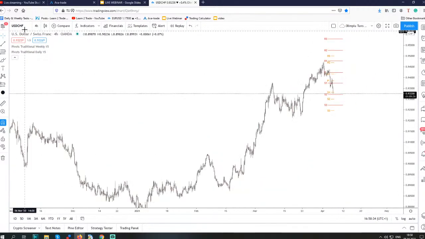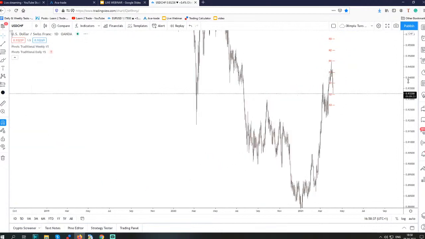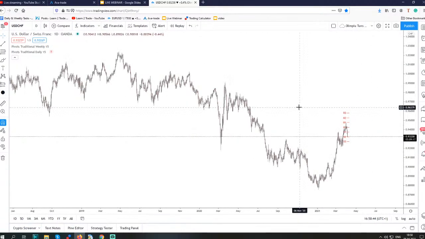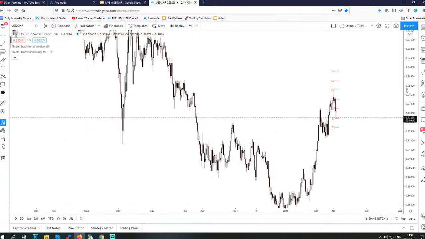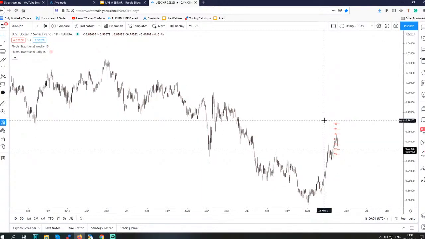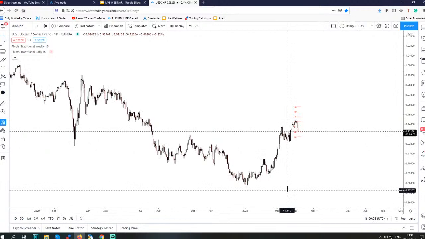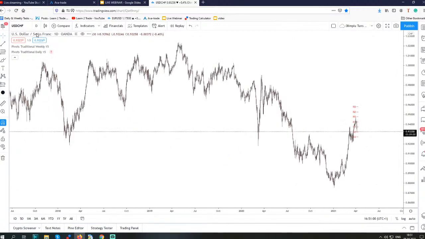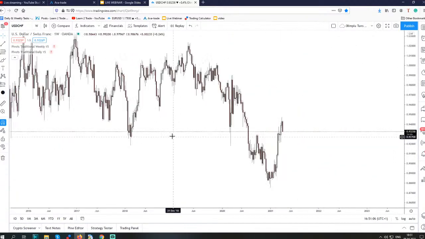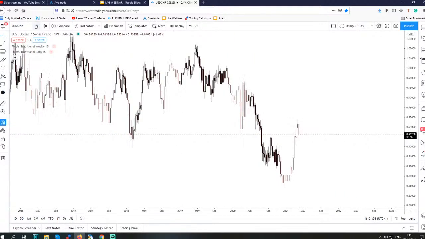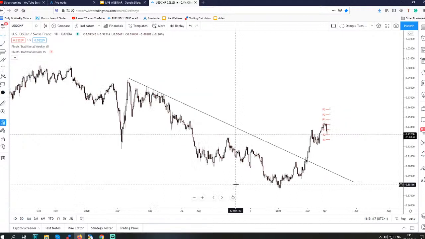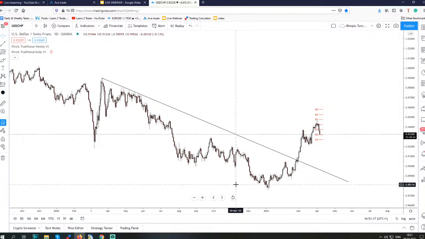So let's take a look here on the US dollar versus the Swiss franc. We had an important decrease here on this pair.